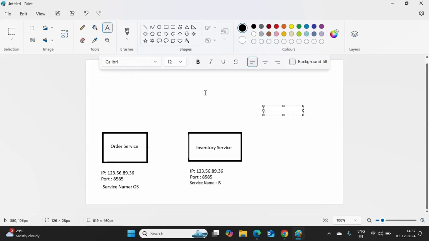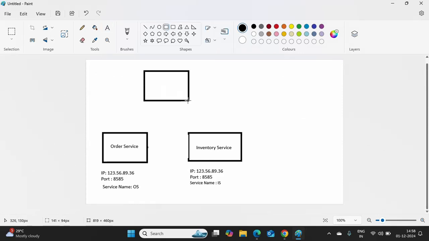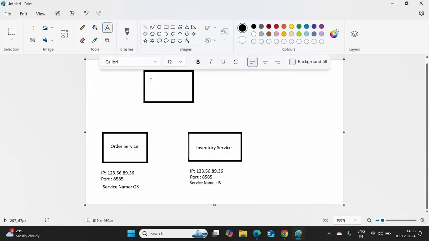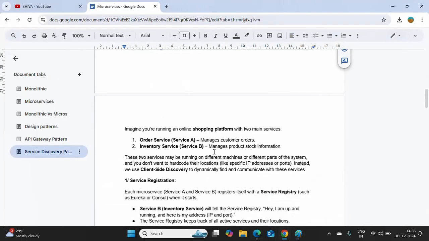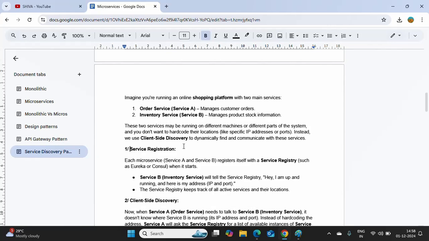To implement it, we need to create one more service, which we are going to call the service registry. For the service registry, we can use Eureka. So we have one more service, and this is our service registry.